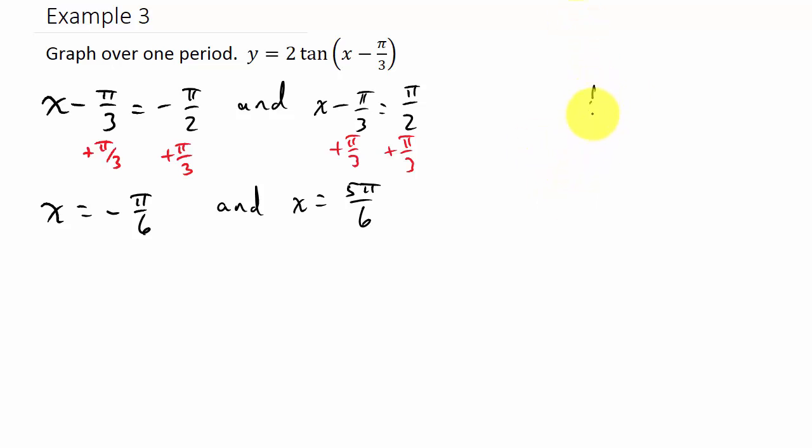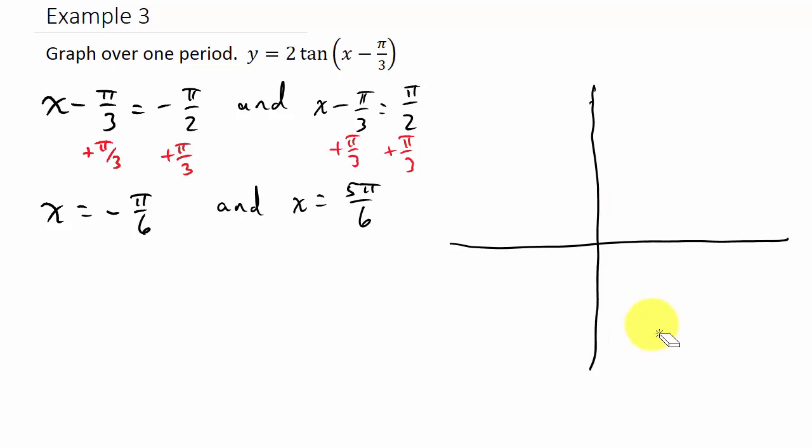Now let's look at this. I'm not going to draw this. See how I got the y-axis? I'm going to erase that for now because I need to be sure where to put it, because one of my points is over here -pi/6 and the other one's 5pi/6. So how close do I need to put the -pi/6 to this line? How close does the 5pi/6 need to be to this line?